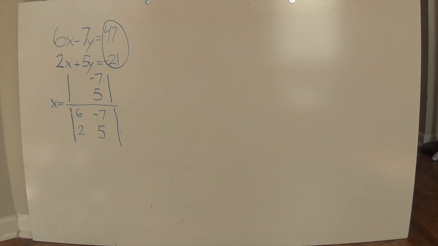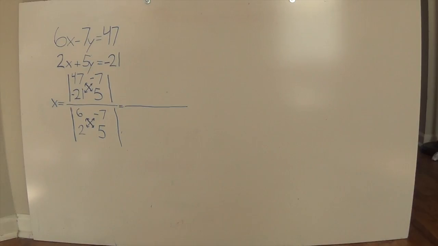Then, in your numerator, because you're solving for x, you're going to take the right side of the equation and plug it into where your x values would usually go. So you would put 47 and negative 21 in the x column. And then you would just drag down your negative 7 and your 5 to your y column because you're not solving for y. Then you're going to cross multiply the numerator and denominator sets of numbers.